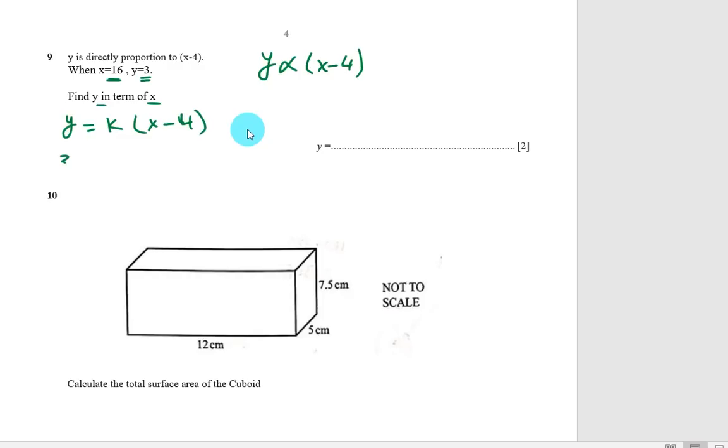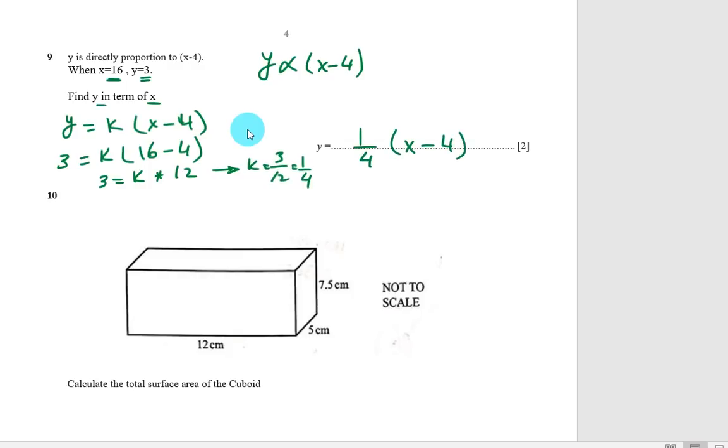When y is equal to 3, x is 16, minus 4. So 3 is equal to k multiplied by 12. So k is equal to 3 over 12, 1 over 4. So y is equal to 1 over 4 (x minus 4).